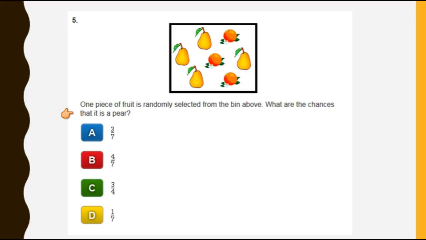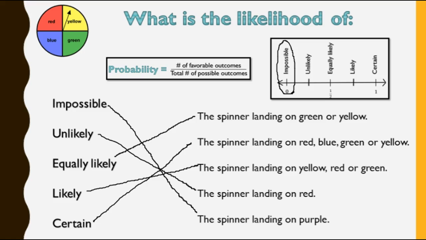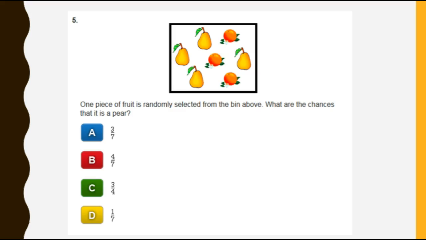Okay, so don't forget our little problem here. What we want first in our equation is the total number of favorable outcomes and then the total number of possible outcomes. Okay, so they want to know what's the chances that it's going to be a pear.